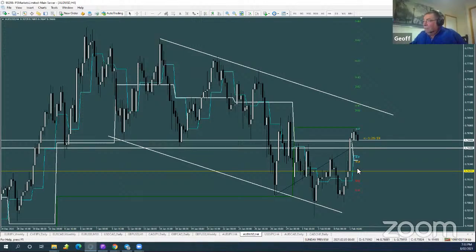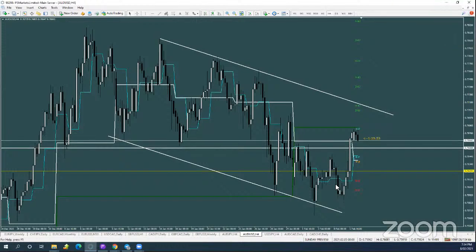Let's get rid of that trade line, but let's concentrate on the structure that we've got. We've got a bounce off the bottom, and we've got a higher low at a nice level. You know, these are the things that you look at on a Monday and you think, oh my God, where was I on Friday when that happened?